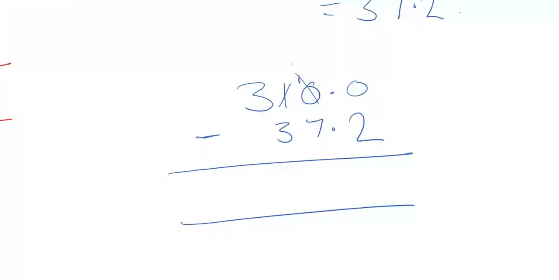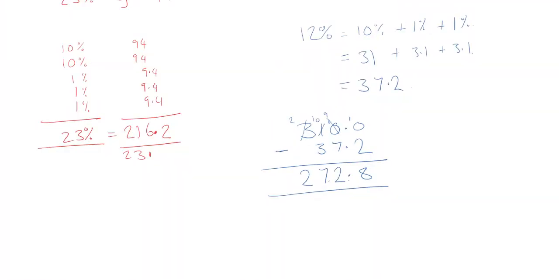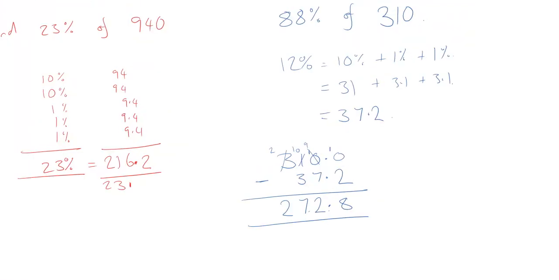We're going to cross that out and place the 1 there. 10 take away 2 is 8. 9 take away 7 is 2. We're going to have 10 take away 3, which is 7. And then a 2 left over there. So our answer is going to be 272.8. Okay, I hope that helps you to understand how to do some percentages with no calculator.